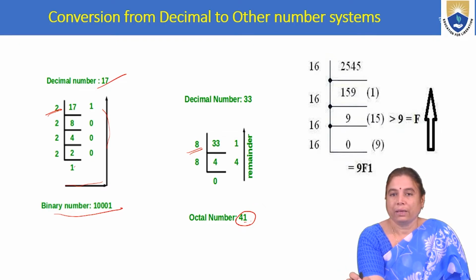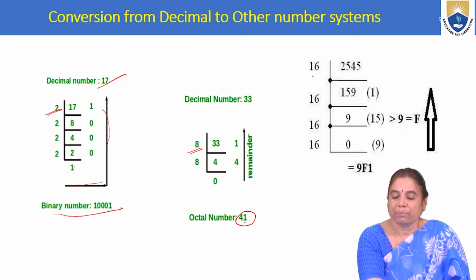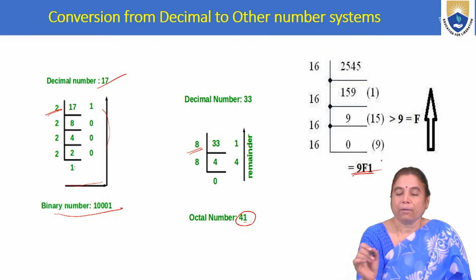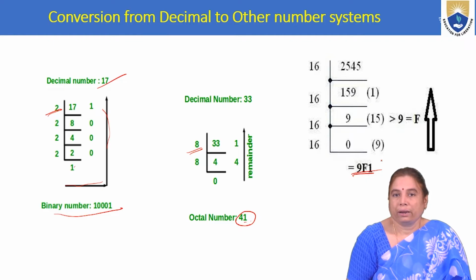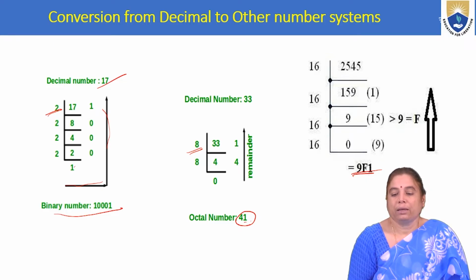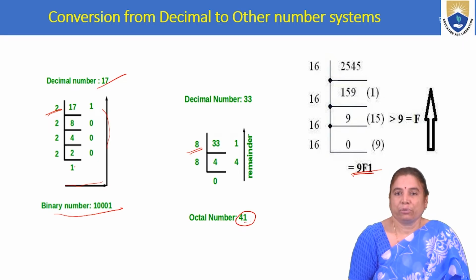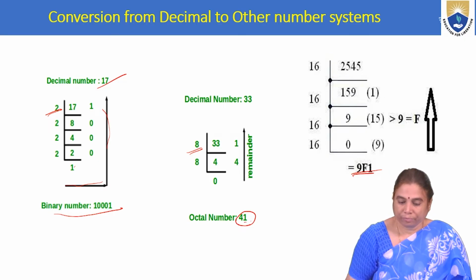Similarly, hexadecimal has a base value of 16, so the decimal number is divided by 16 and the remainders are written from bottom to top in order to get the hexadecimal equivalent of the decimal number. In this way, decimal numbers can be converted into the other systems.